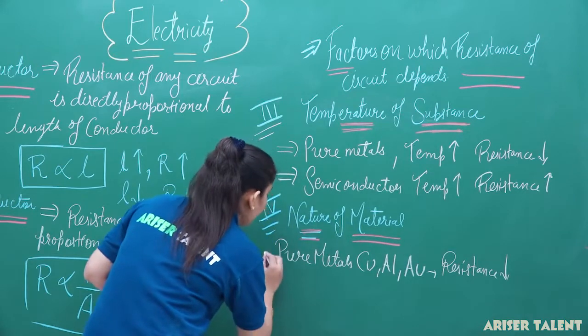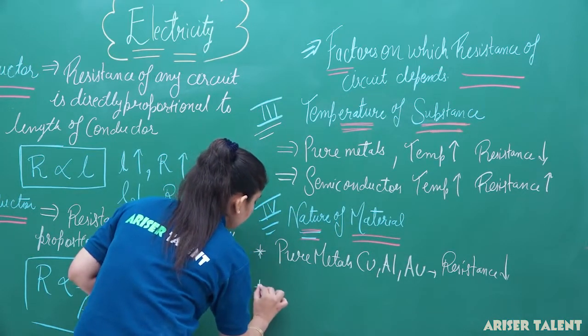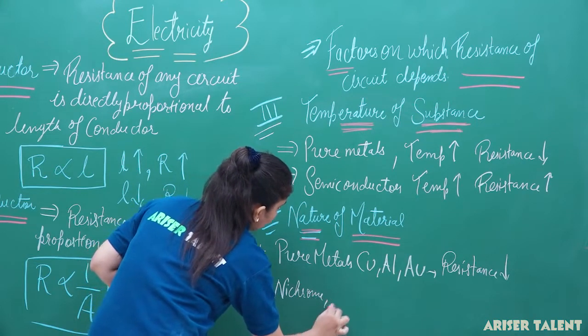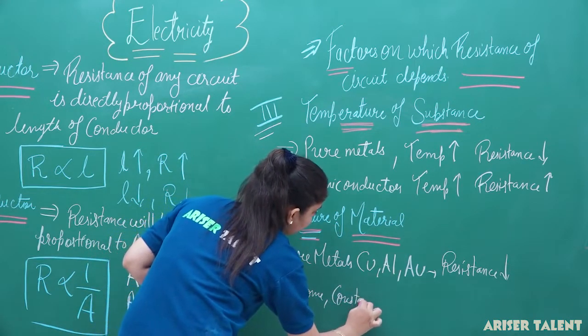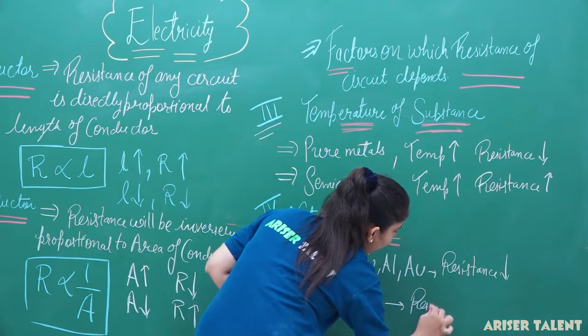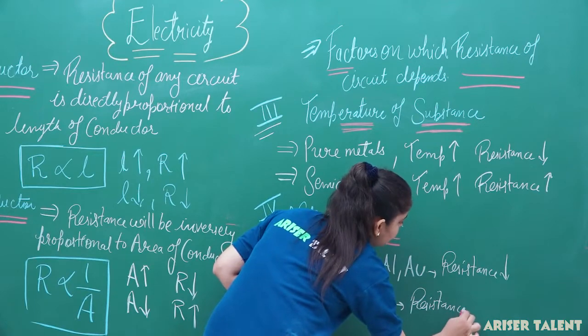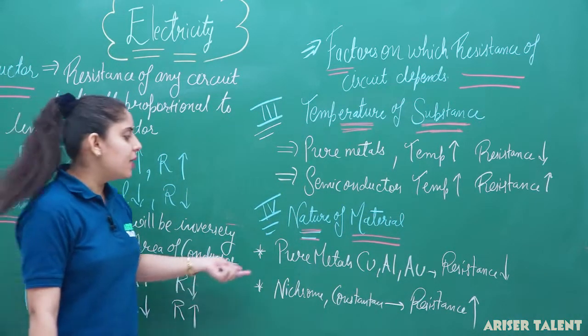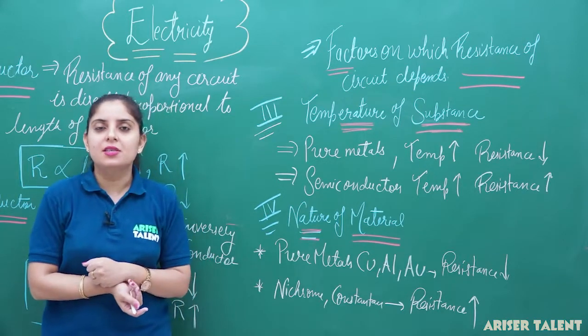But if we are using nichrome, constantan, these will have a high value of resistance. These are actually our alloys or semiconductors, so these will have a high value of the resistance.